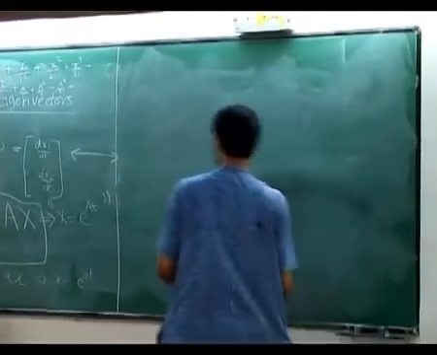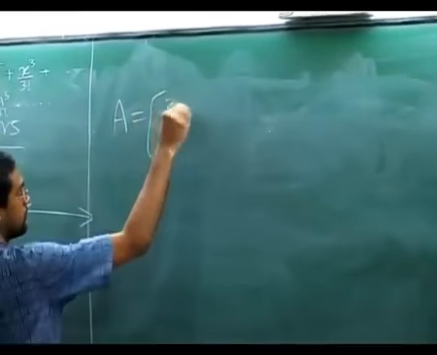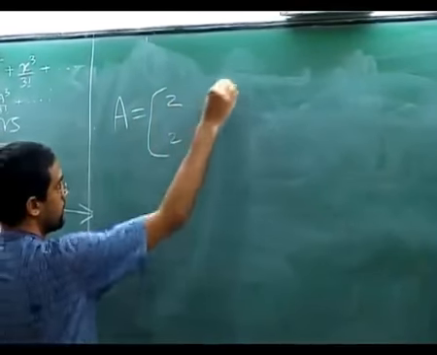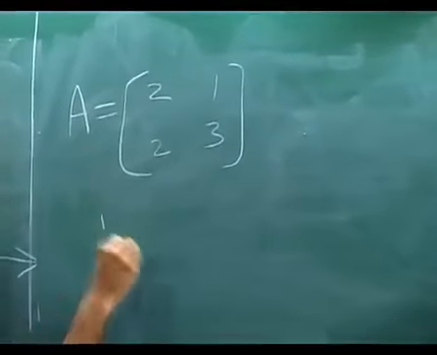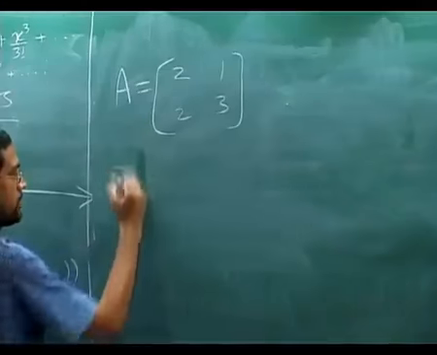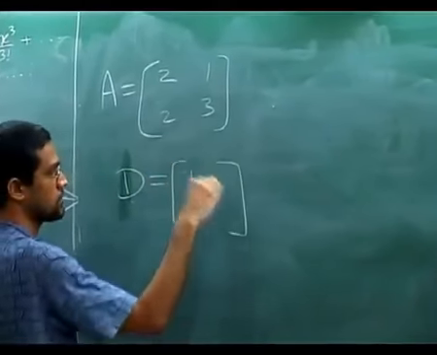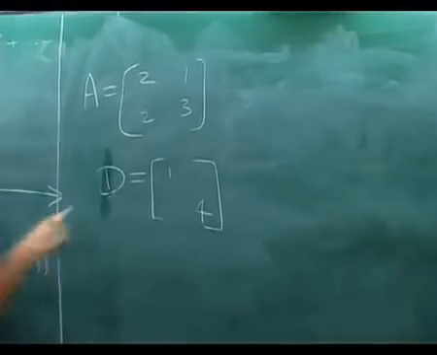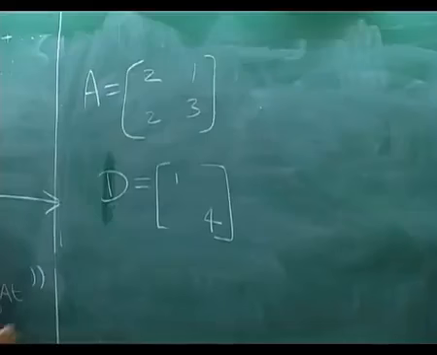So we have actually written out the eigenvalues and eigenvectors in this case. So for A equals 2, 2, 1, 3, the eigenvalues were 1 and 4. Let me write the 2 eigenvalues as a diagonal matrix: 1 and 4. And what are the 2 corresponding eigenvectors?